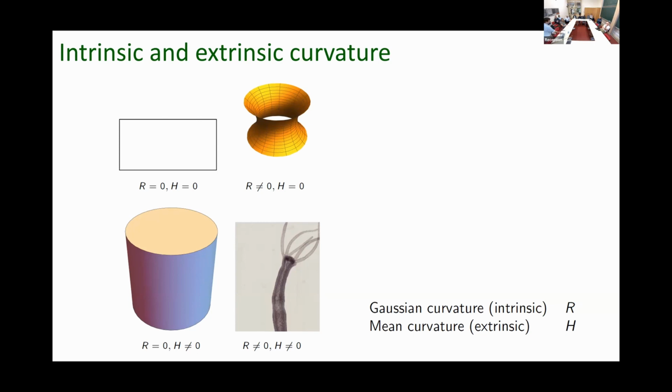Whereas the mean curvature is an extrinsic quantity because you need the ambient space, or 3D. So who cares? But technically, formally speaking, it's an extra bit of information. So that's why it's called intrinsic versus extrinsic.